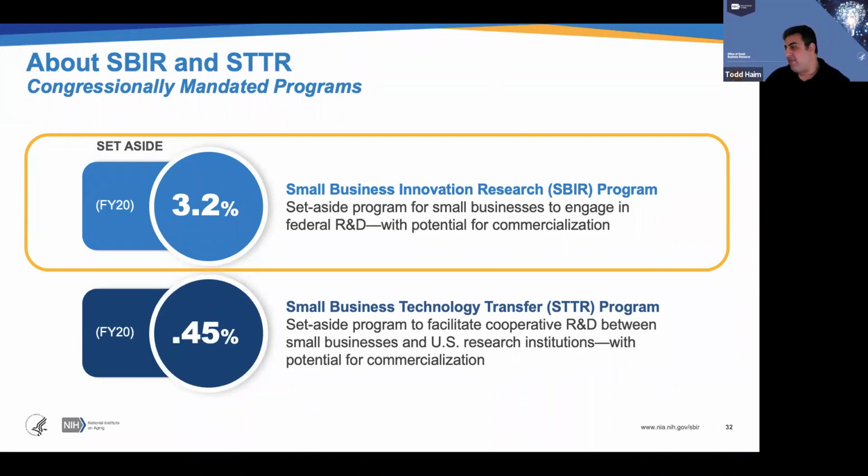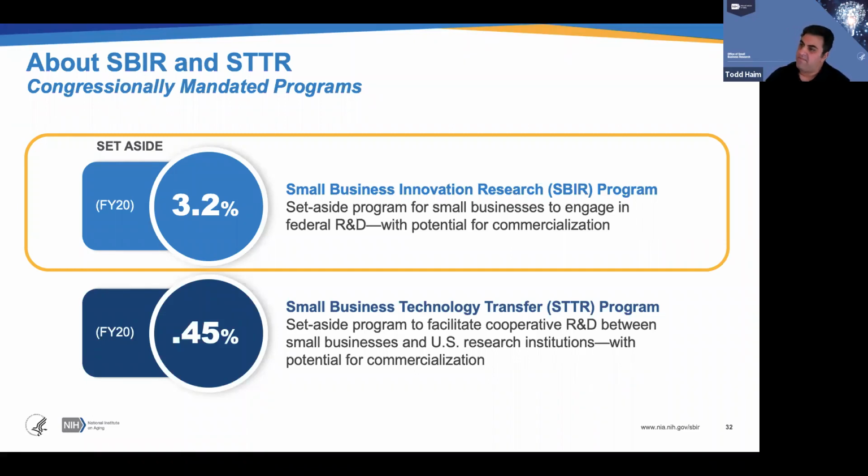And that's done 3.2% through the SBIR program and 0.45% to the STTR program. At the NIH, we use these allocations to really help facilitate that transition from the great basic research that NIH is so strong at supporting to then activities that can lead to commercialization.